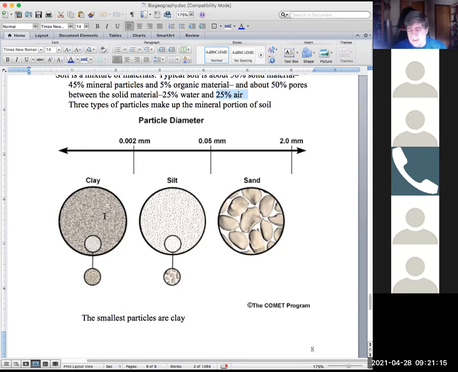Now remember, the clay is in the earth, and one of the things we said when we talked about the water cycle the other day is that water infiltrates or percolates through the soil and eventually gets down to the groundwater. But in the case of clay, it takes a long time for the water to percolate through.